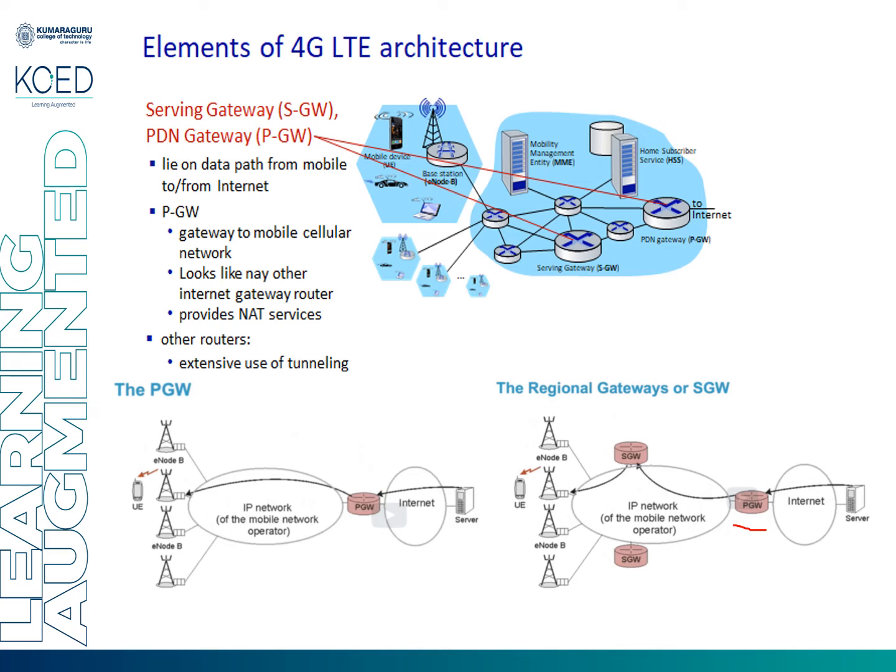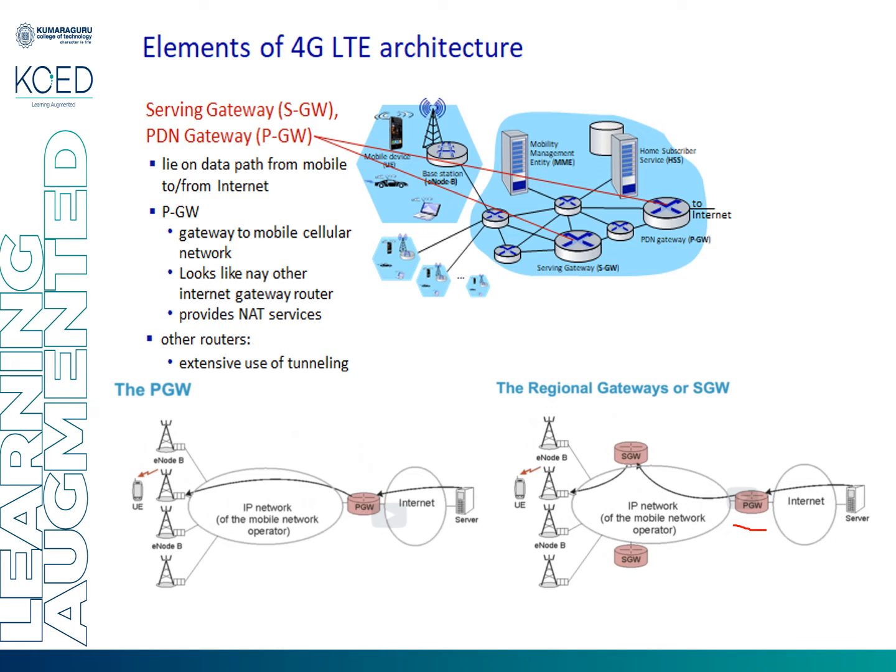For handling this service, we need this packet gateway. This is the gateway between the cellular network and the IP network to connect the user equipment with the distant server.